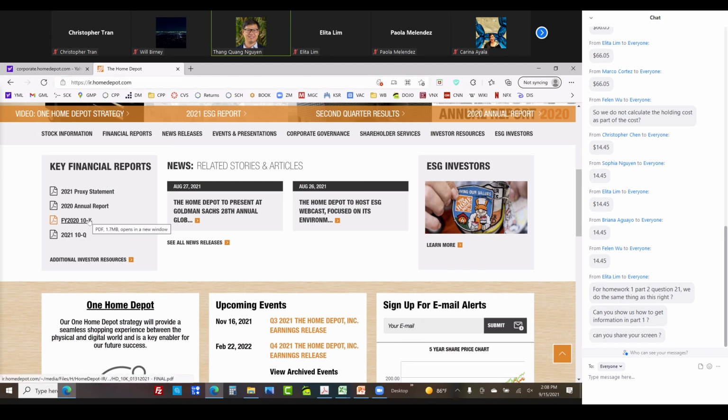Then you download the PDF file and look for the cost of goods sold or cost of sales, or the inventory or the net sales, things like that. And then you're going to have the data like what I have, right? Sometimes it's a little difficult to search inside the PDF file.